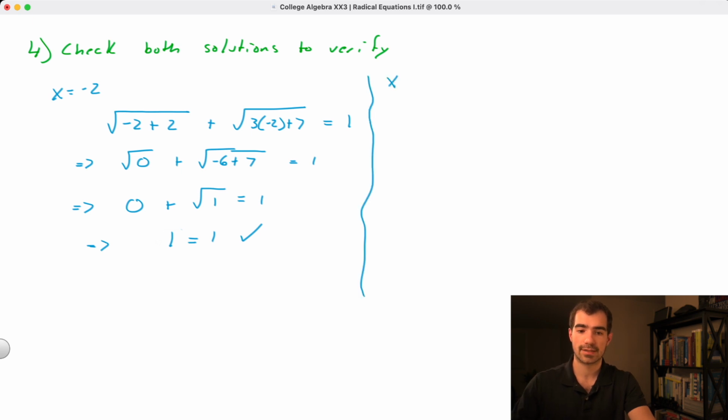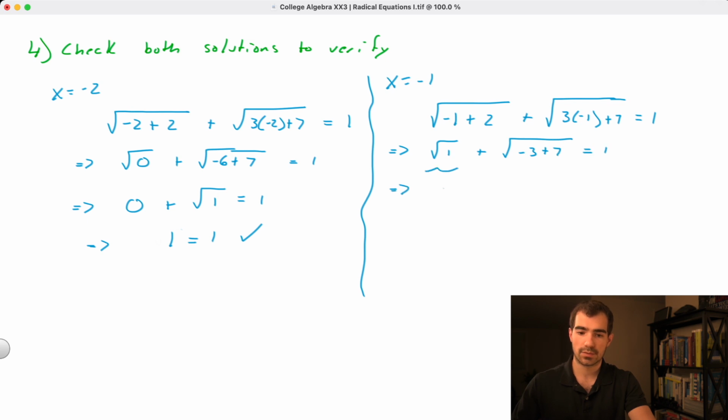If we check x is equal to -1 though, what we'll have is the square root of -1 plus 2 plus the square root of 3 times -1 plus 7 equal to 1, which as we simplify will give us -1 plus 2, or the root 1, plus the square root of 3 times -1, or -3, plus 7. Square root of 1 is just 1.